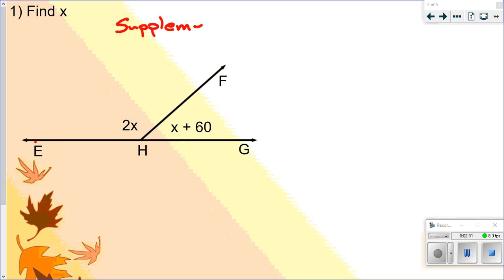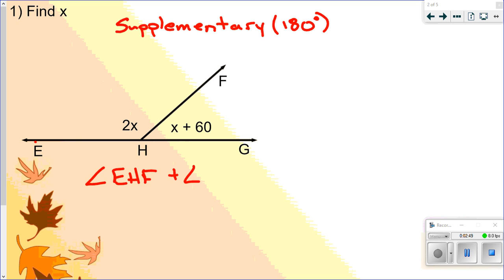And again, supplementary means two angles that add up to 180 degrees. So that means this angle, angle EHF, plus angle FHG equals 180 degrees. So we know this angle plus this angle equals 180 degrees.